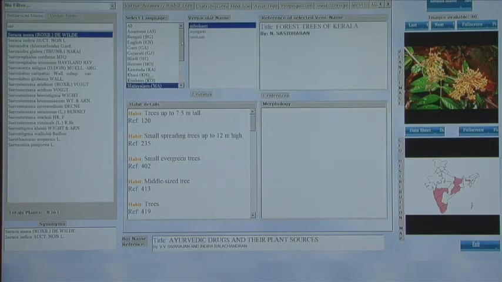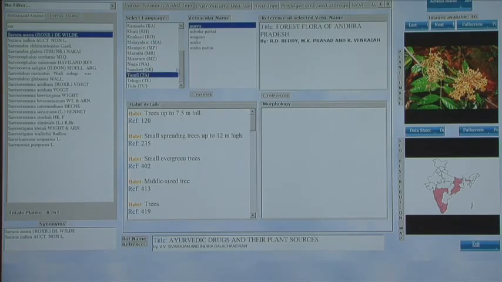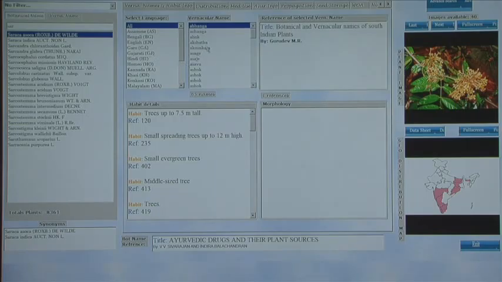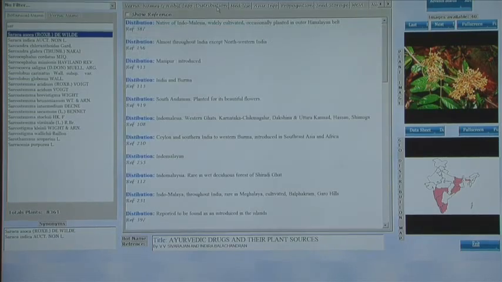One of the major activities it is involved in is the development of an electronic database on the medicinal botanicals used in the Indian health traditions, which is now perhaps the most comprehensive database on medicinal plants of India.